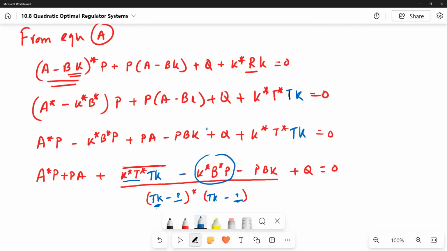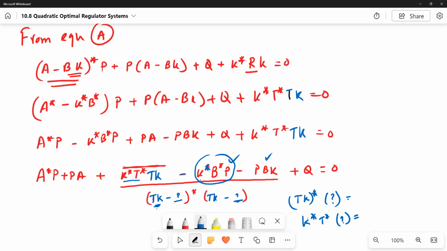Because this one has K star. So you can say that TK star multiplied by this question mark component should give you either this one or this one. But as you can see, it will give you K star T star, then multiplied by question mark should be which parameter then?